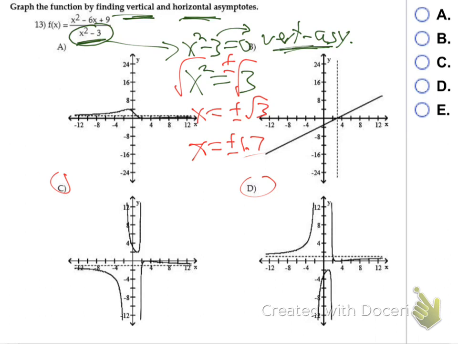So that was the vertical asymptotes. Now how do we find the horizontal asymptotes? Do you remember that? Vertical asymptotes are denominator 0. Horizontal asymptotes are a little more tricky. Now, I'll give you the table again. Horizontal asymptotes.